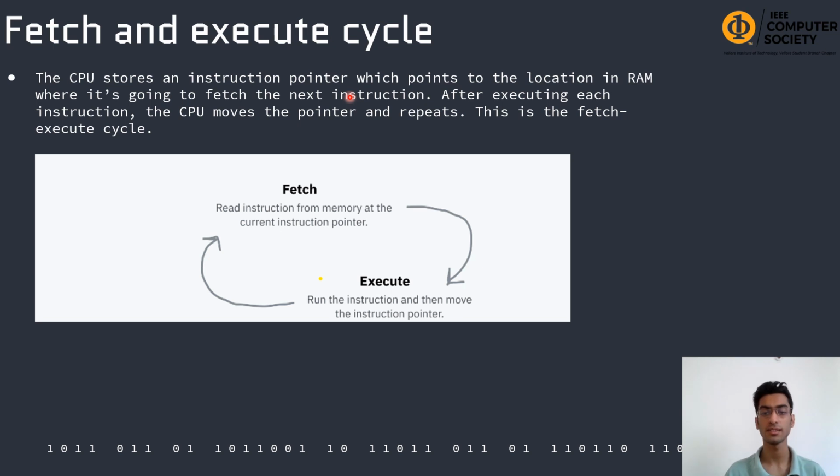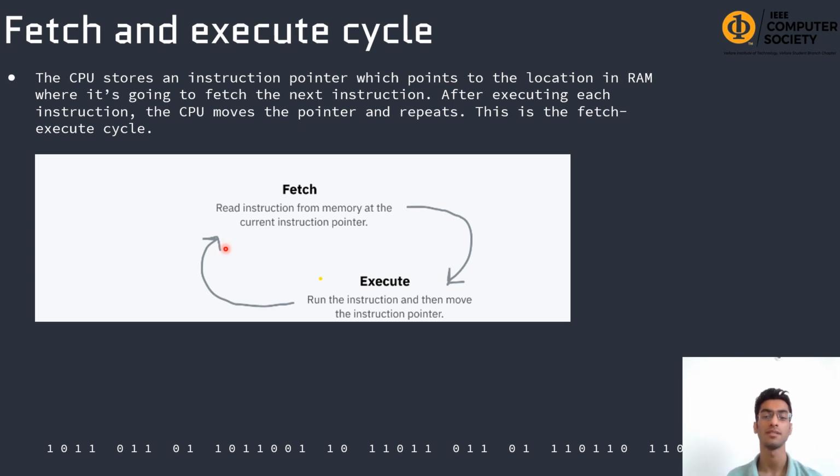As soon as it executes an instruction, the instruction pointer moves and it carries on with the process, that is, it fetches another instruction and executes that. This is what we call the fetch and execute cycle. So it reads an instruction from memory at the current instruction pointer, then executes it, and then moves the instruction pointer again.